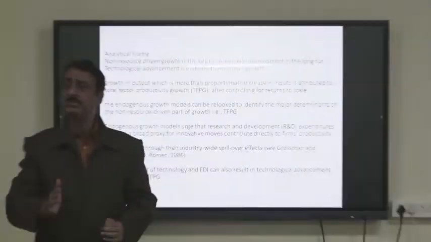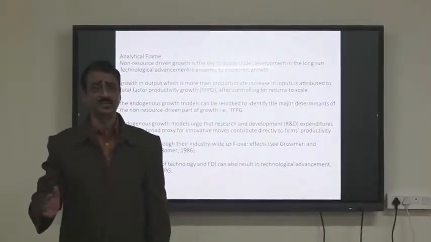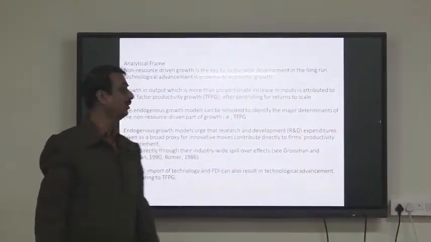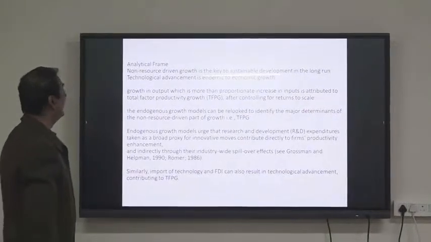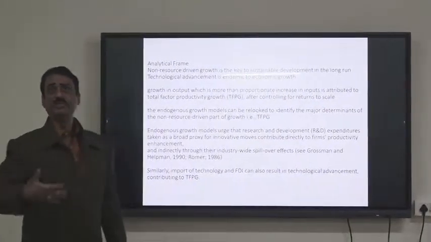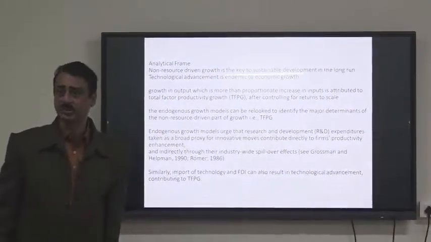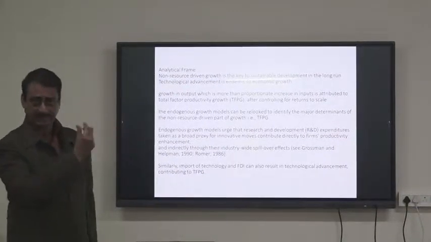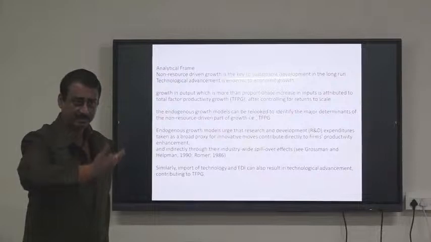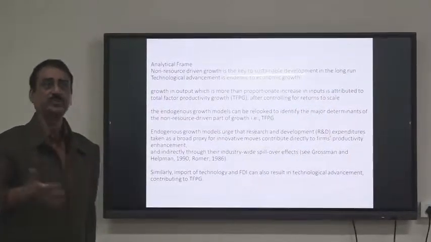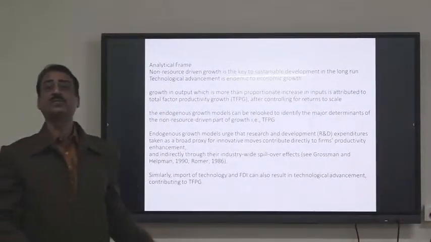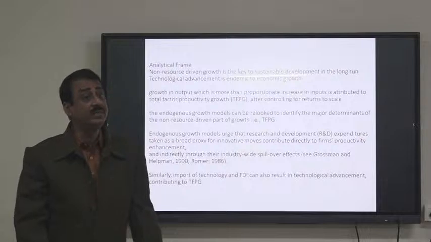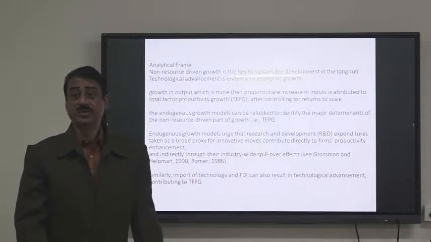But then we would be able to see that there are many other factors which are also determining your total factor productivity growth. So one class of literature emerged that is called endogenous growth theory. Endogenous growth theory would say that growth is the dependent variable and you have a number of factors which can contribute to economic growth. One class of literature suggested that good governance is very important for growth to be maximized.